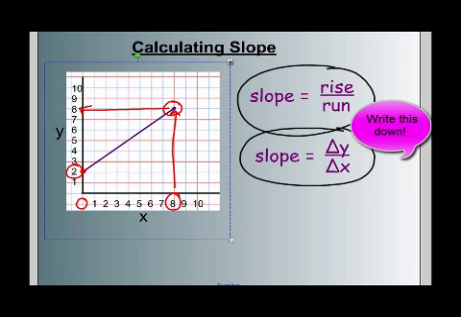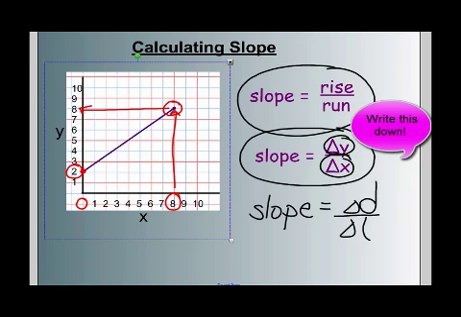Really, those two just mean the same thing, because my rise is my y-axis, and my run is my x. Another way, if I'm talking about a distance-time graph, I could also say slope is the change in distance, because distance goes on the y-axis, over a change in time, because time always goes on the x-axis.